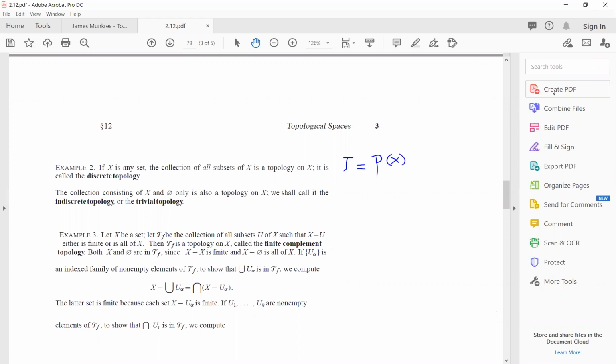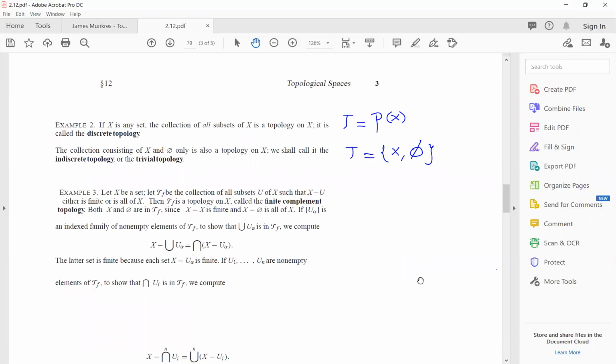Another topology on X is a topology including just two members, X and empty set. We call it a trivial topology or indiscrete topology. Both of them are forming topological spaces for X.